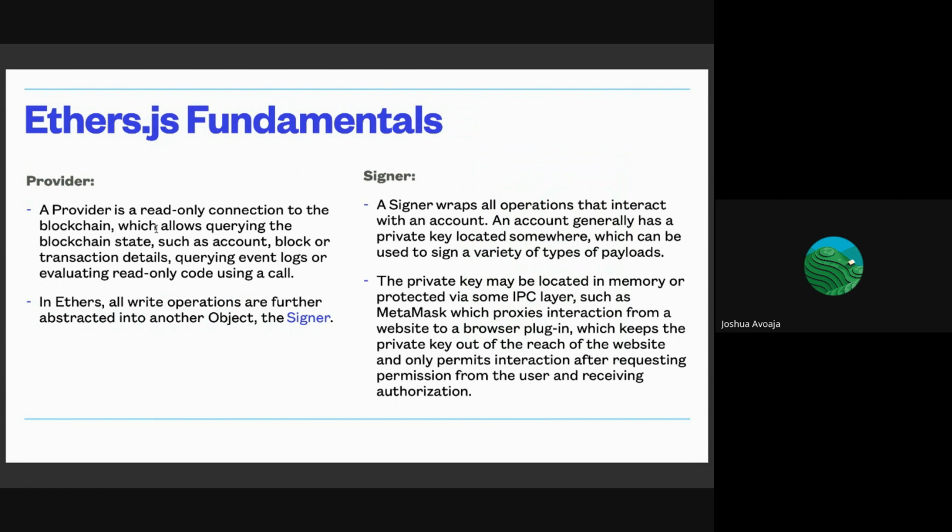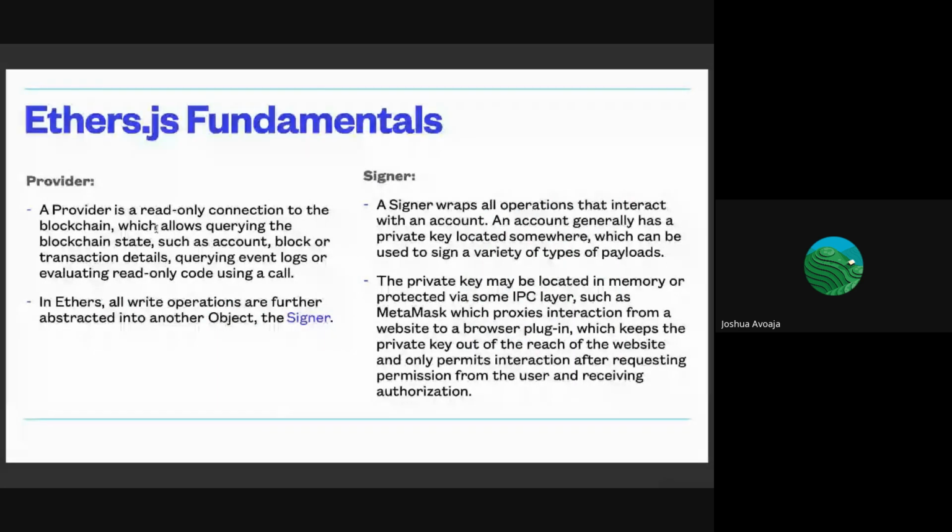Now, for Ethers.js, a provider is separated from all write operations, and a provider is just an instance that connects to the blockchain and can only read data from the blockchain. It cannot write data to the blockchain.